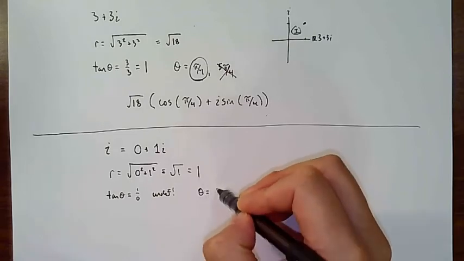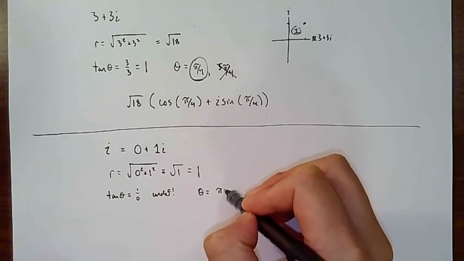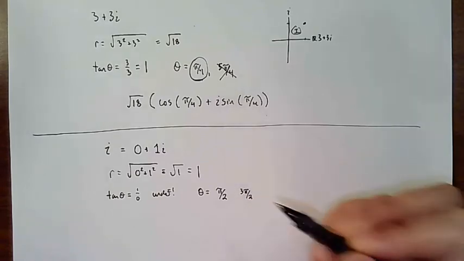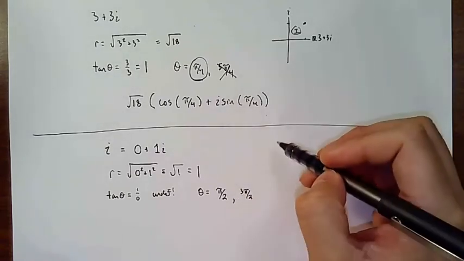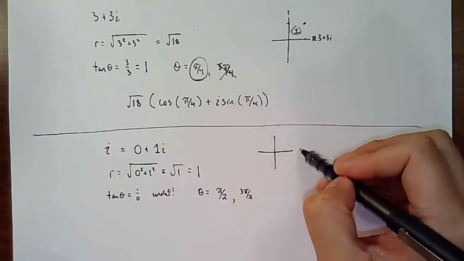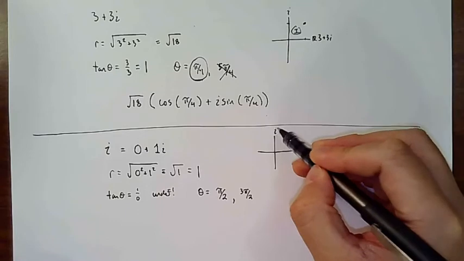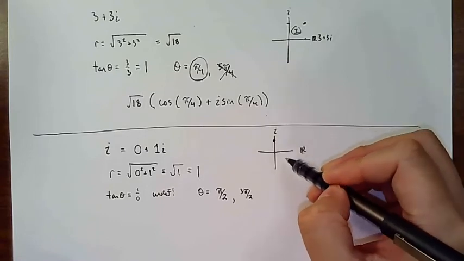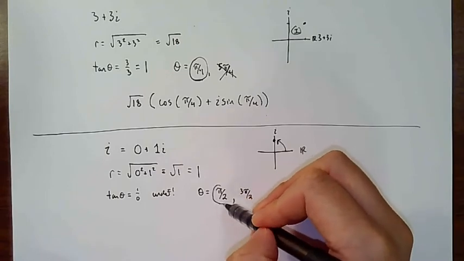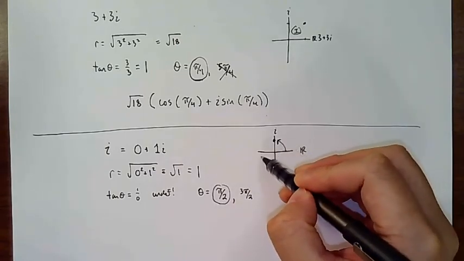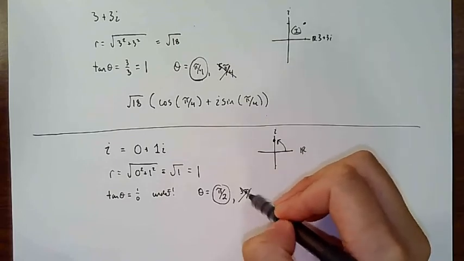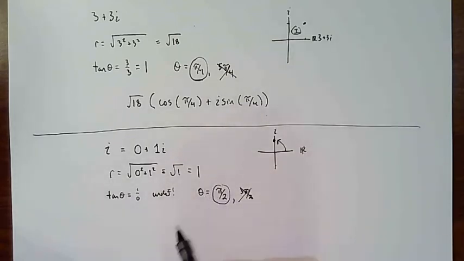At pi over 2 and 3 pi over 2. So let's just diagram our point and see which of these is correct. Real, imaginary. The point is up here, and this angle is definitely pi over 2. 3 pi over 2 would have put it all the way down here. So our correct angle is pi over 2.